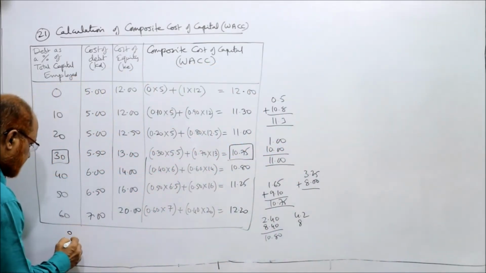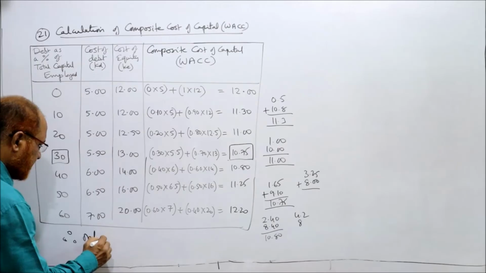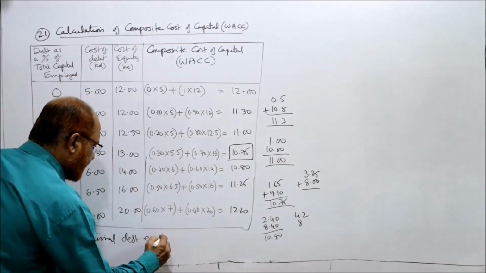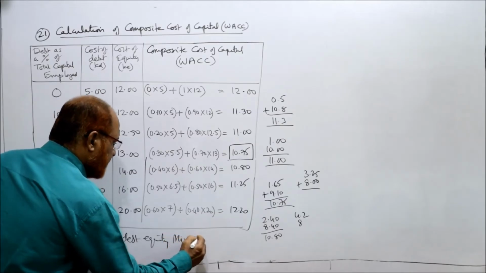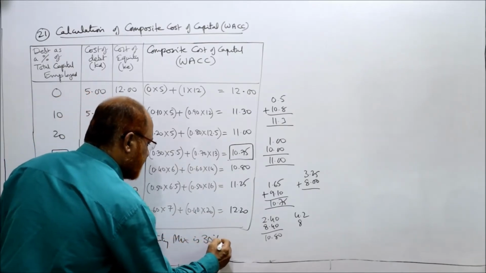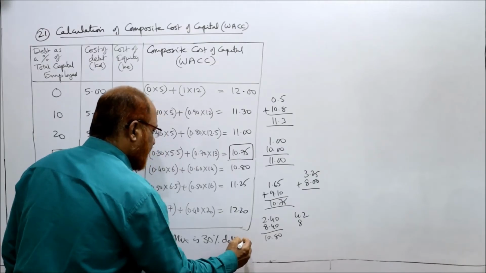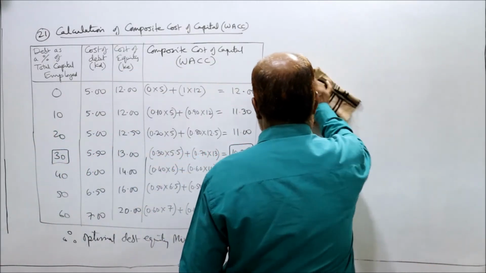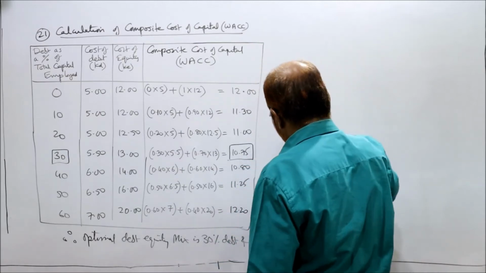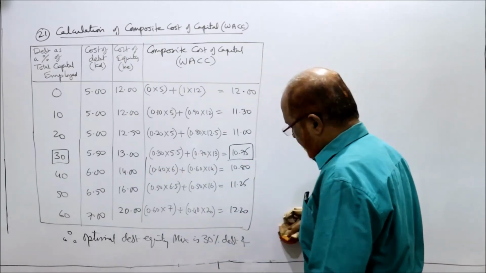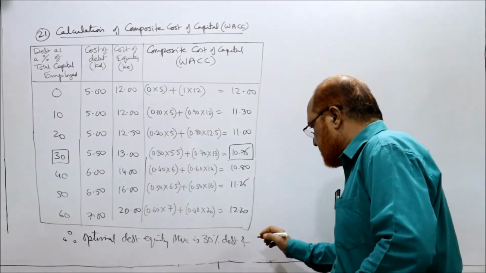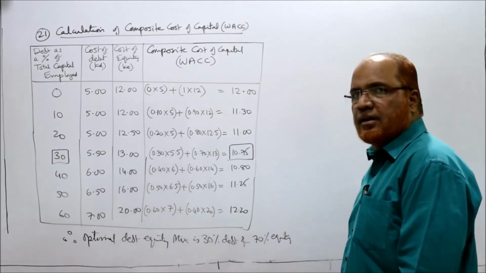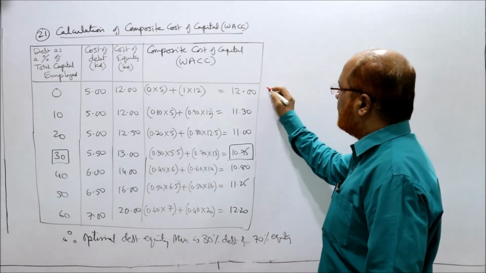Therefore, optimal debt equity mix is 30% debt and 70% equity.